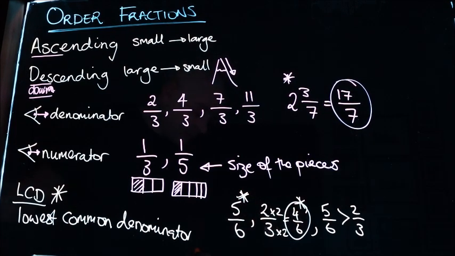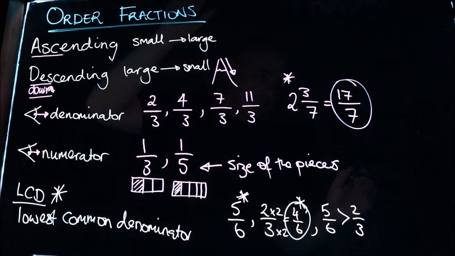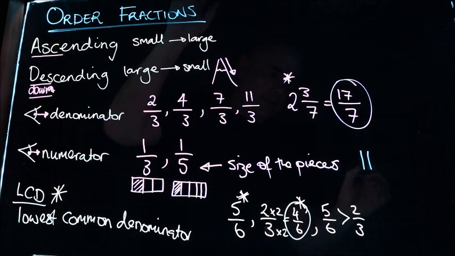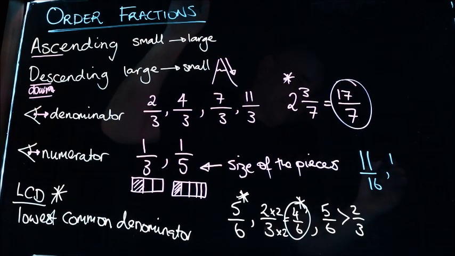Okay, but there is that extra step, and it may be worth just doing one more example just to help you out. I might do one over here. I'm going to call this 11 on 16, and we're comparing it to something like 15 on 24.